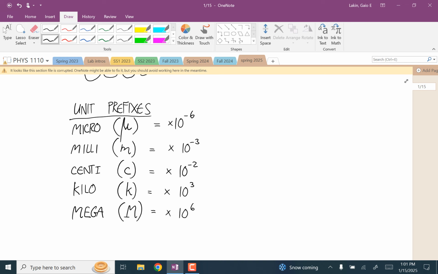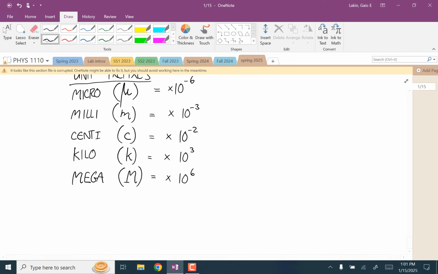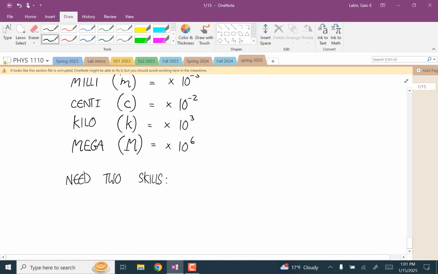And again, there's kind of two things that you ever need to do. You need to be able to go from something with a prefix to something without a prefix, and you need to go the other direction, something without to something with. So again, you need two skills. The first one is going from something with a prefix to something with no prefix.